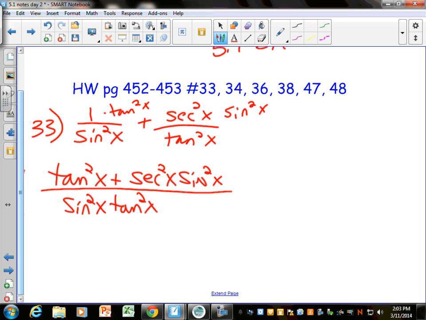Does anybody have any ideas what we can do? Can you make tangent squared into secant squared?